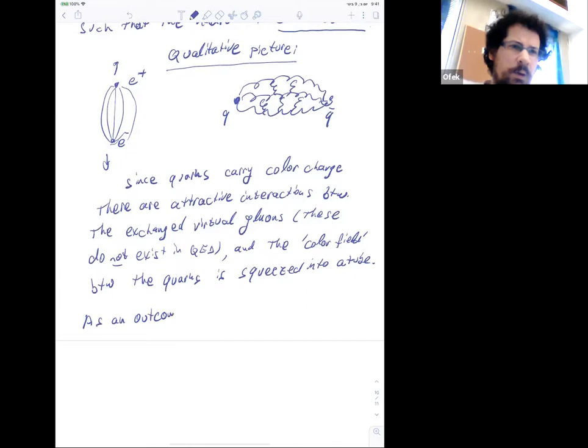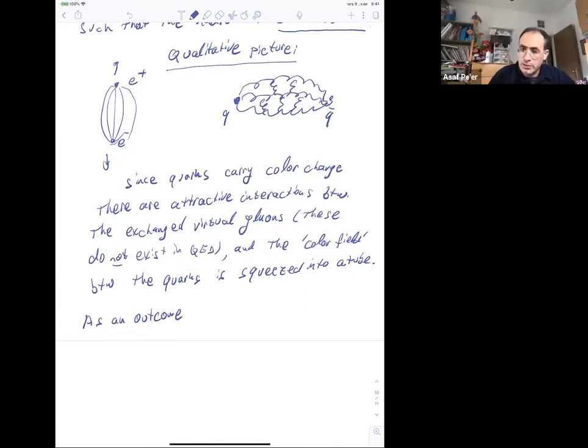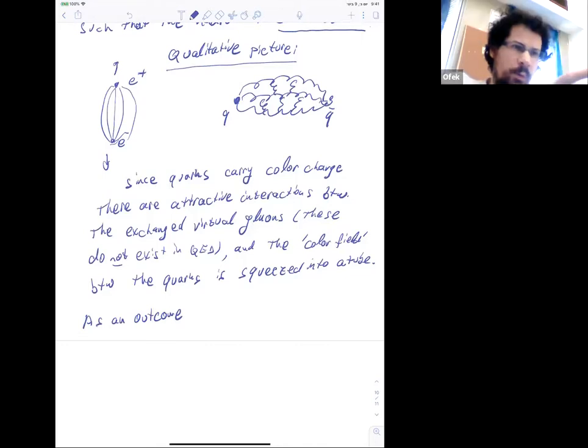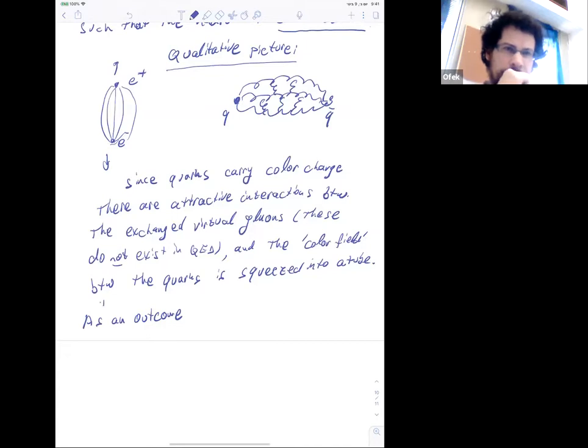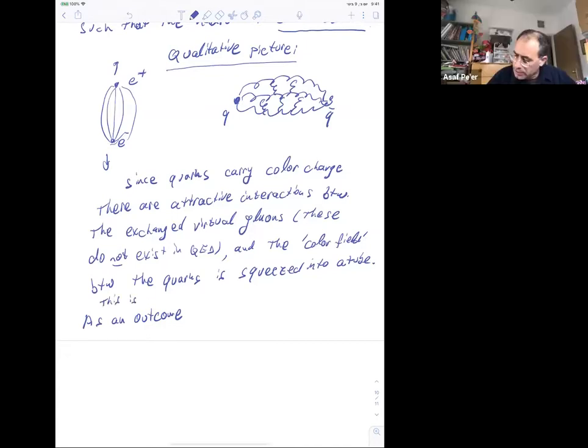This is because the gluons are also charged? Yes, with color. The gluons are also charged because they carry color. The quarks carry color and the gluons carry color as well.